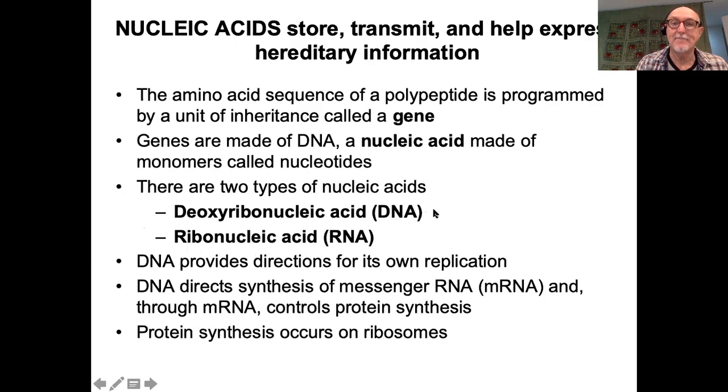DNA, the original recipe. RNA, it has many functions, but the one that we're going to understand first is that it's a messenger. There's messenger RNA, which takes the recipe of DNA and allows the cell to see what it is, translate it.